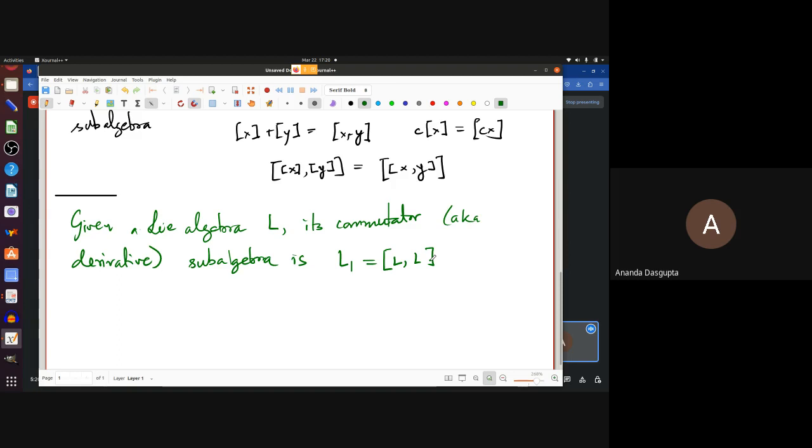And you should also think about whether, when you're talking about the commutator subalgebra or the derivative subalgebra, it is at all necessary to say let's take the span after taking all possible commutator brackets. Do you understand what I'm asking here?